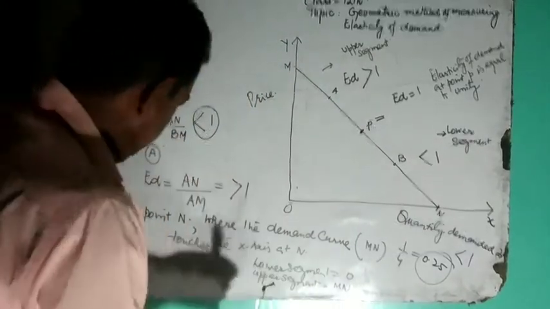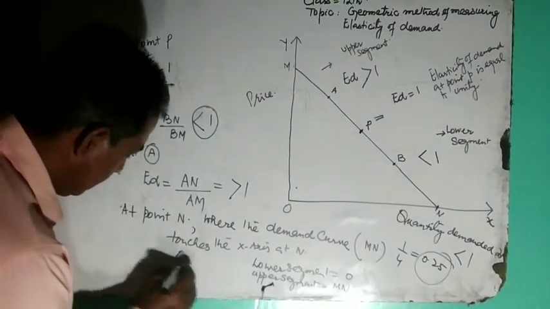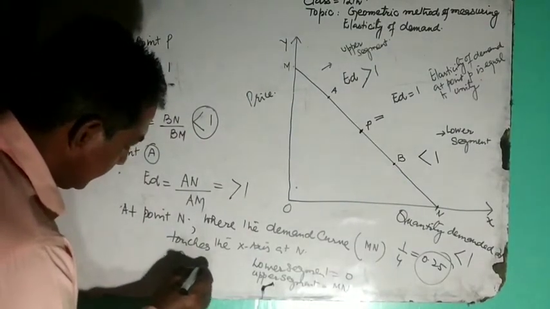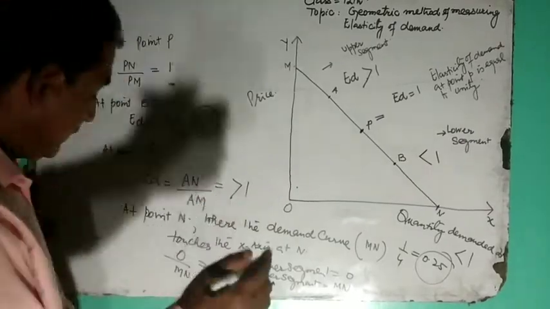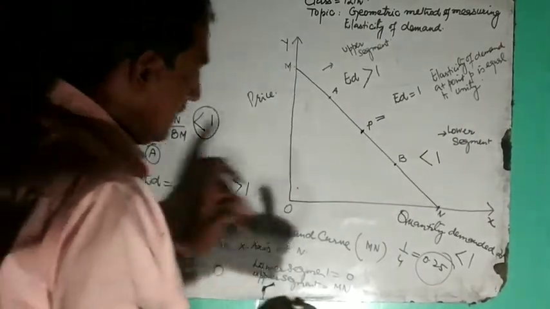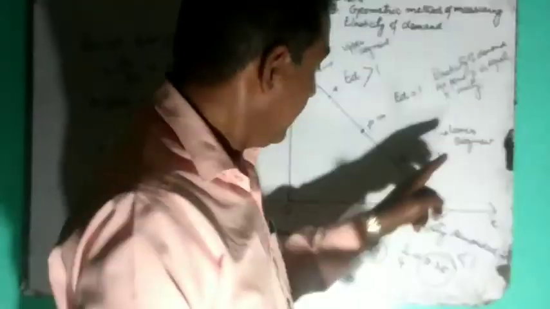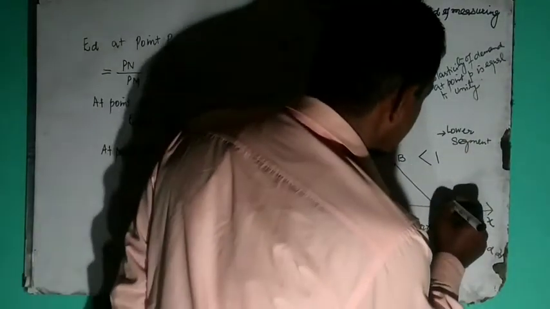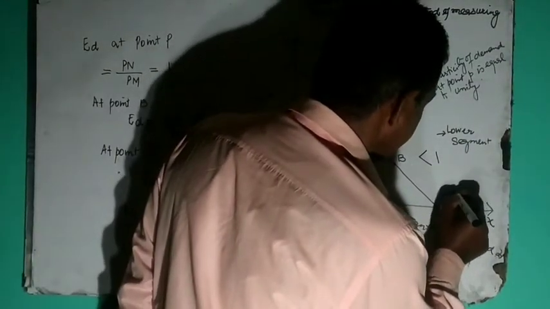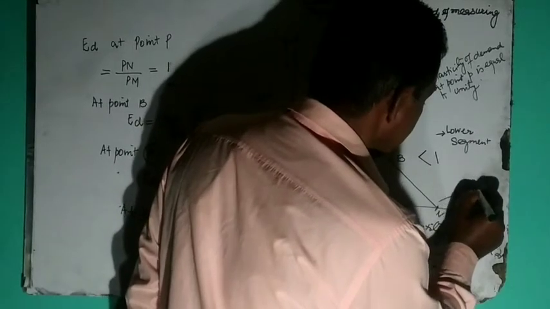When we divide 0 by Mn, 0 divided by anything is equal to 0. Therefore we say that at point N, elasticity of demand is equal to 0.